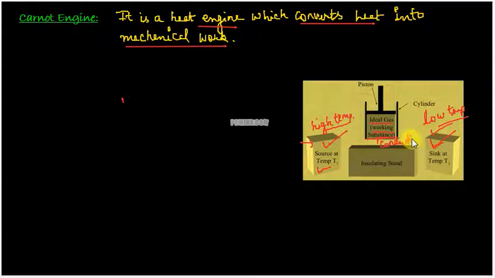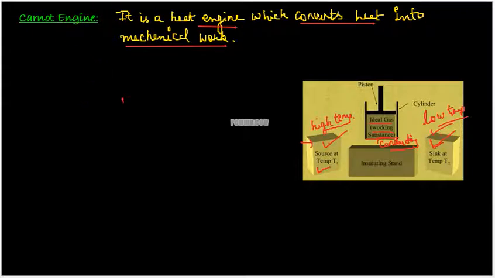Why does it have to be conducting? So that when I place it on the source or on the sink, it is able to absorb or reject heat, and that is possible only if the base is conducting. But the sides, the entire rest of the cylinder, are completely insulated, so that there is no heat loss to the surroundings. So these are the essential parts.